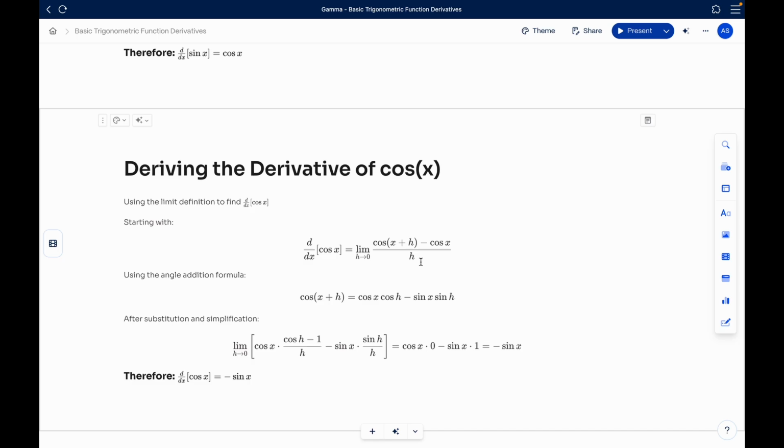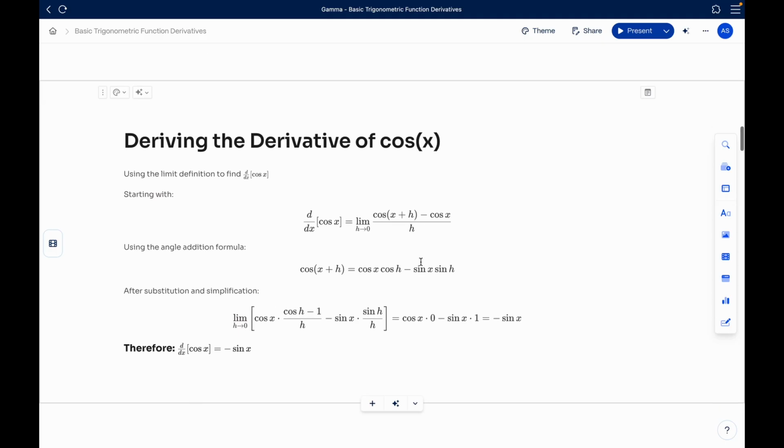Then, using the cosine angle addition formula, cosine of x plus h is equal to cosine x cosine h minus sine x sine h, and using the splitting method that I covered in the last one, we take the first part, cosine x cosine h, together with negative cosine of x, and then the other part is negative sine x sine h. Of course, both of them have to be divided by h.